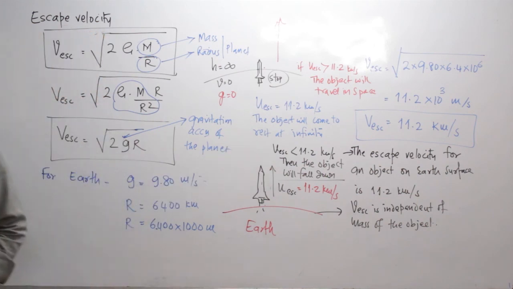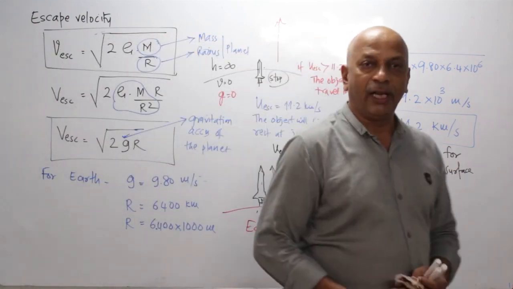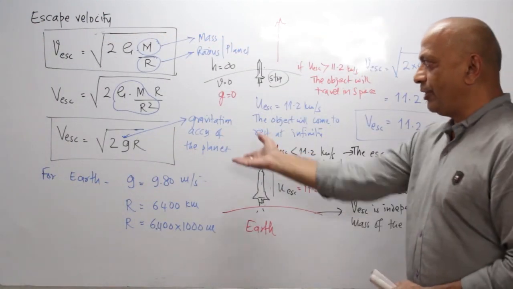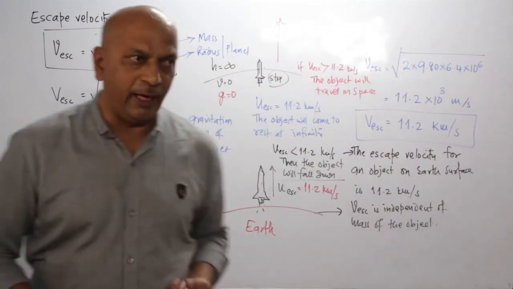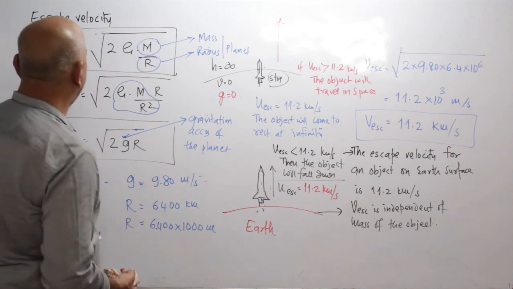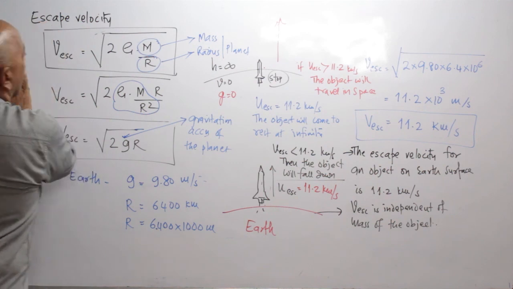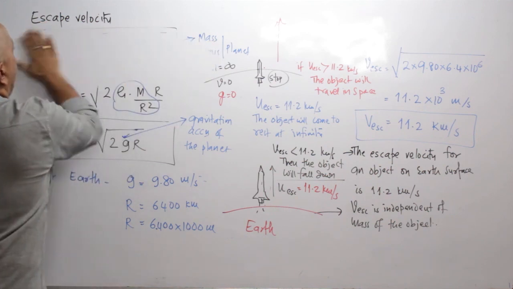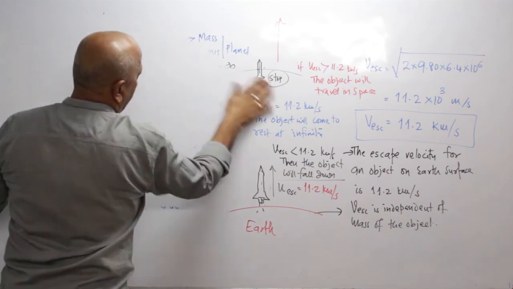I hope you understand the escape velocity, how we have calculated it. Numericals are asked on this. A simple numerical is in your book, write it down and you can do that question at your home. You can calculate. So see what the question is.